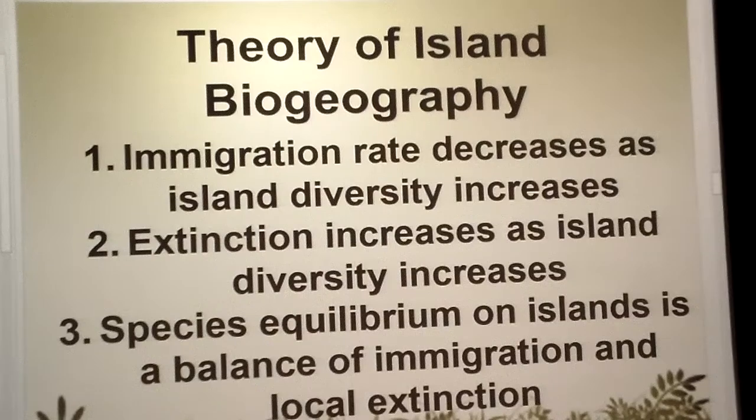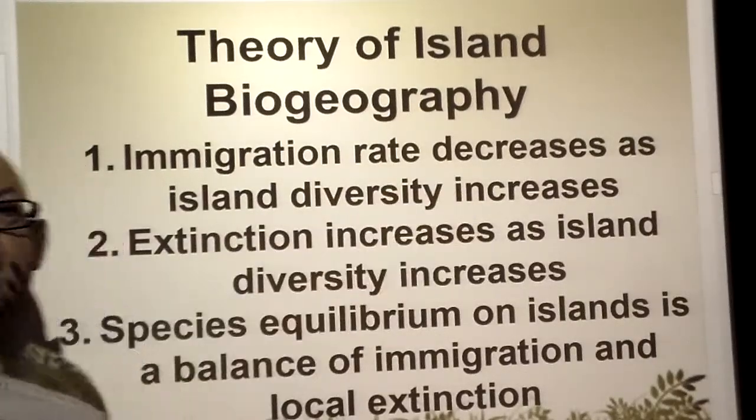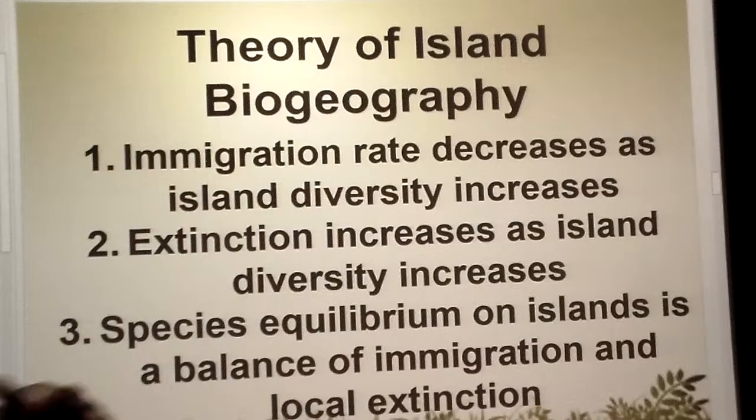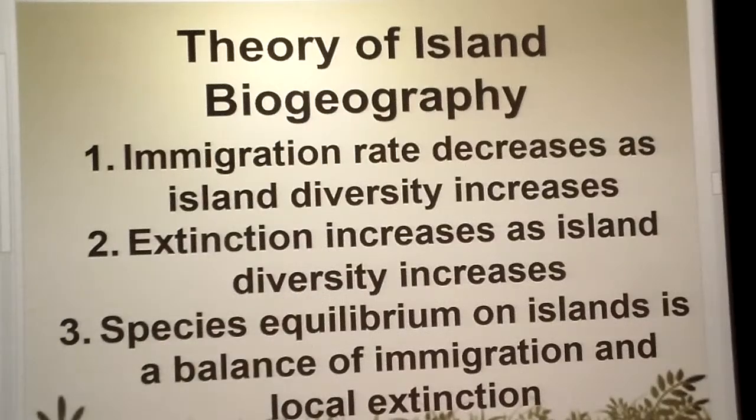So here's the idea. When we look at the theory of island biogeography, the immigration rate goes down as the island diversity goes up. So if you have a nice diversity on the island, the immigration rate is going to go down because you already have a number of species on there. However, you also have extinction that's going to go up.